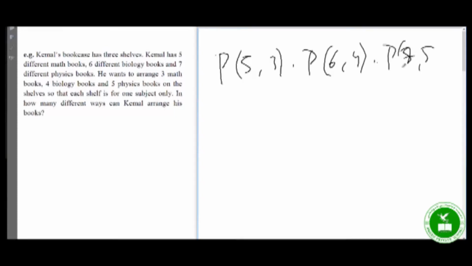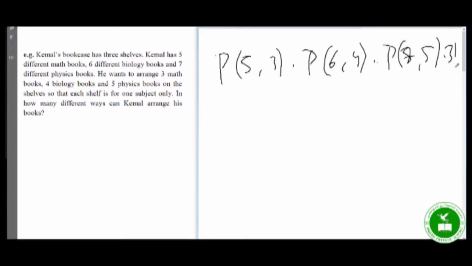And also we have an arrangement between the shelves. We have different orders for shelves also, so we have 3 shelves, so there is 3 factorial different arrangements between shelves.